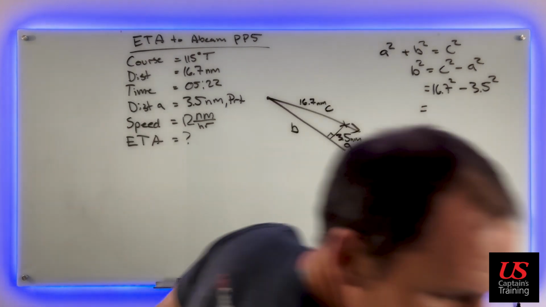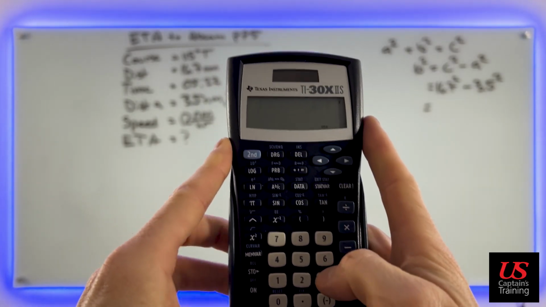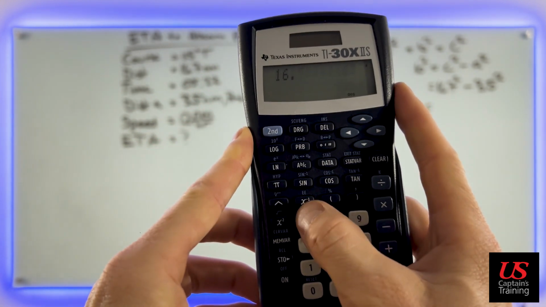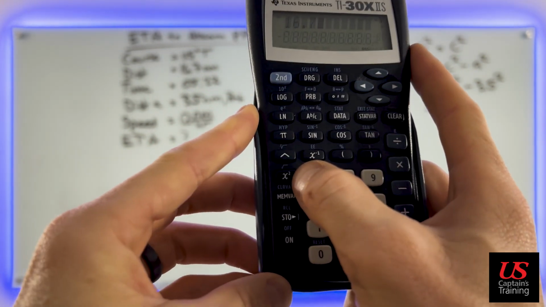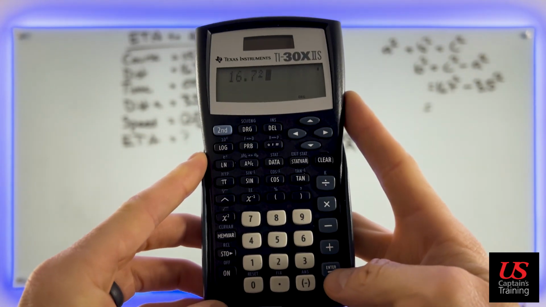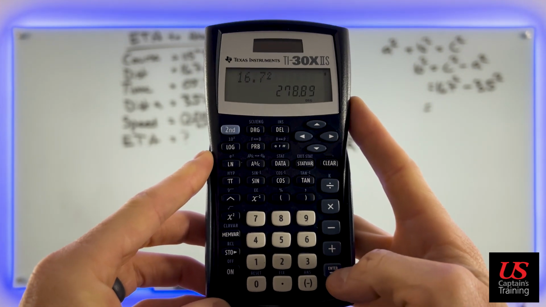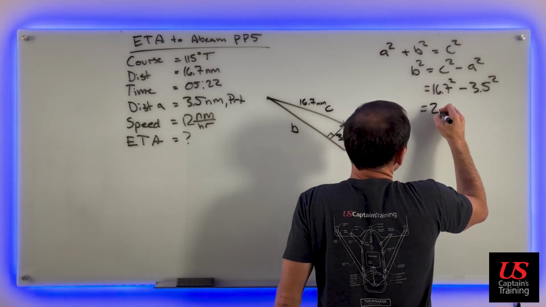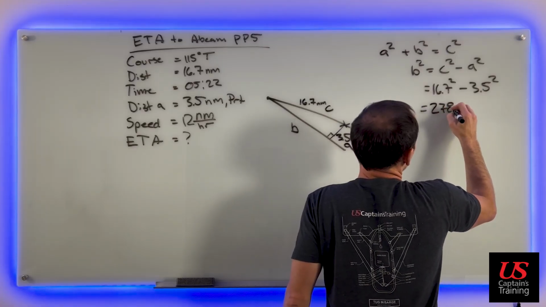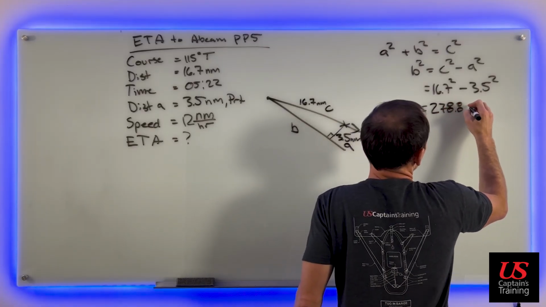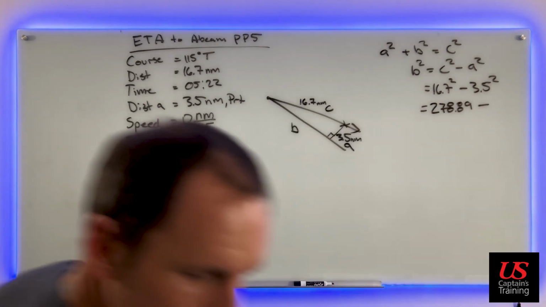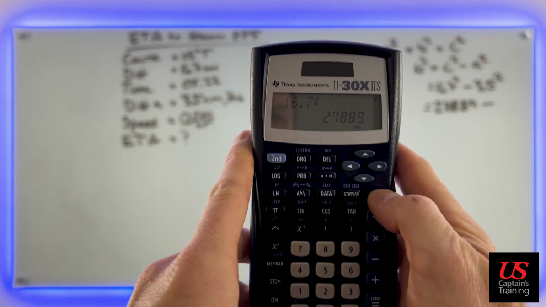So let's get on this calculator and then we'll say 16.7, squared, equals 278.89. 278.89 minus, what's 3.5 squared? 278.89, check.